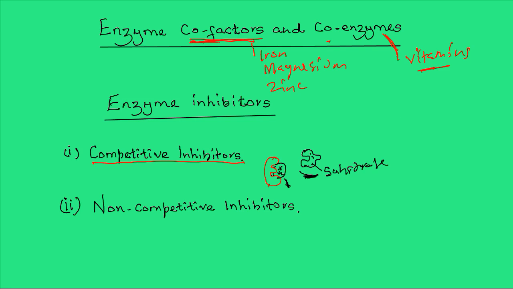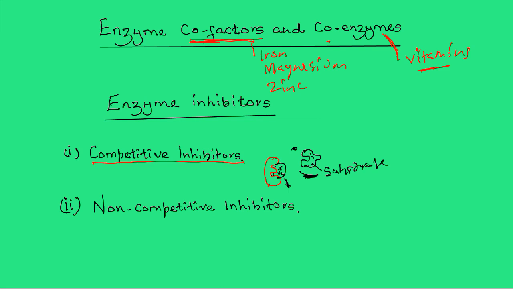So if we increase the substrate concentration, we increase the chances of the substrate getting to the active site before the competitive inhibitor does. So in competitive inhibition, the inhibitor and the substrate compete for the active site of the enzyme.